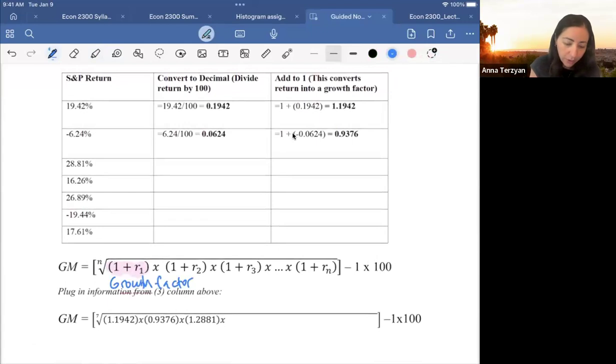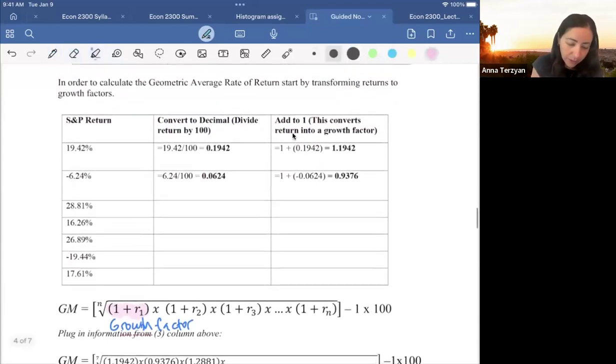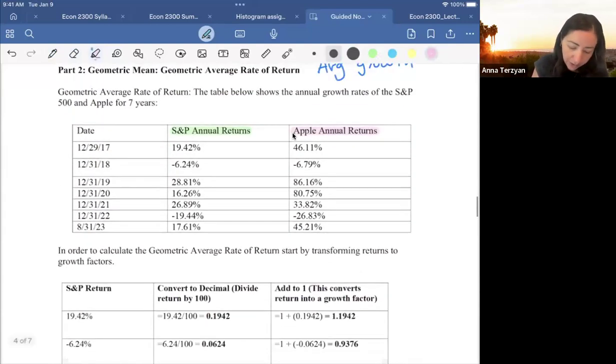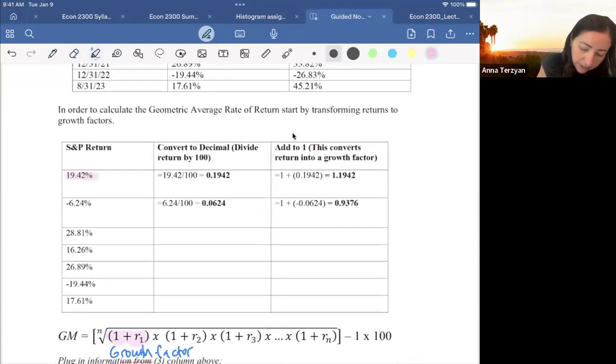Okay, so let's start with this first one. I know I've filled in a few of them. This is for the S&P. The return for the first year was 19.42%. First, we convert it to a decimal to turn it into a growth rate. So 19.42 divided by 100 becomes 0.1942. Then you add it to 1.